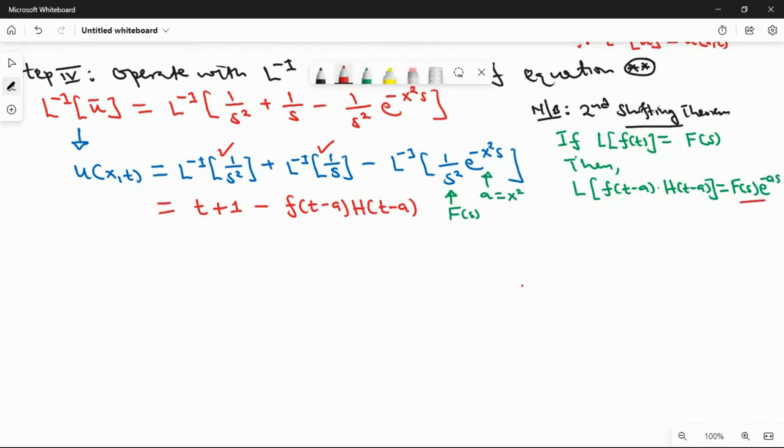When we talk of inverse, it means f of t minus a times h of t minus a is the same as L inverse of F of s times exponential negative a s. That's what we have.